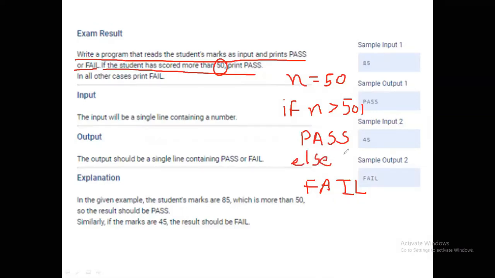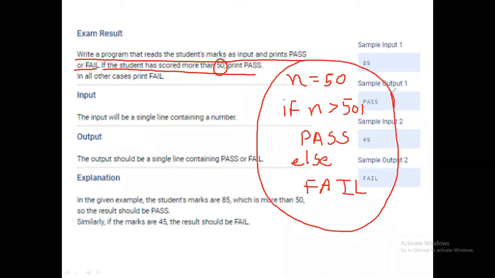Now everyone please give the response in the chat box. Write this program. You are going to read the n value. Everyone please give the response in the chat box.